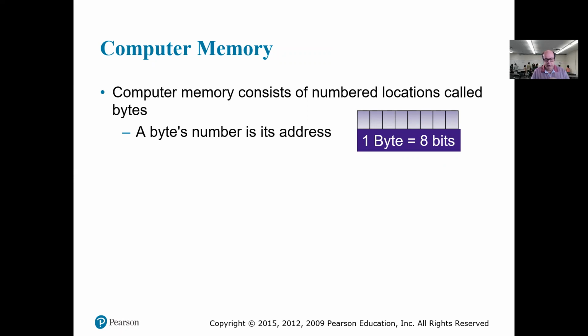Now, when we declare our variables, each variable is going to have a size. Chapter 2 went over the different sizes. Of course, some of these things may change depending on your computer.